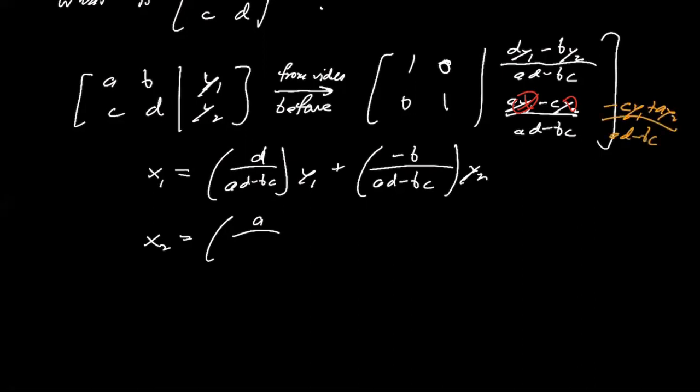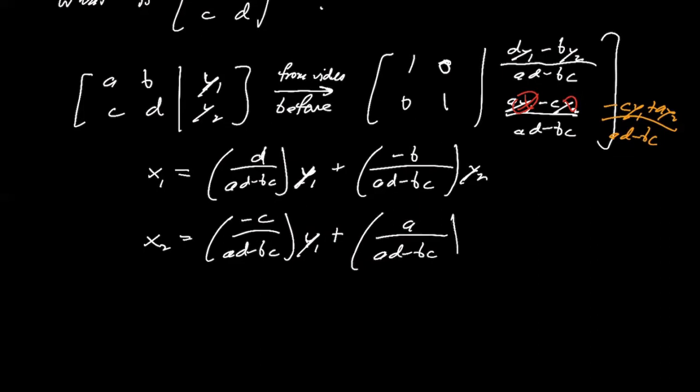I think that matches the RS formula from the earlier video. So, okay, sorry about that. That means this is, so we have minus c. It's good that I know what the answer should be so that I can see when I messed up. And this is a over ad minus bc times y2.